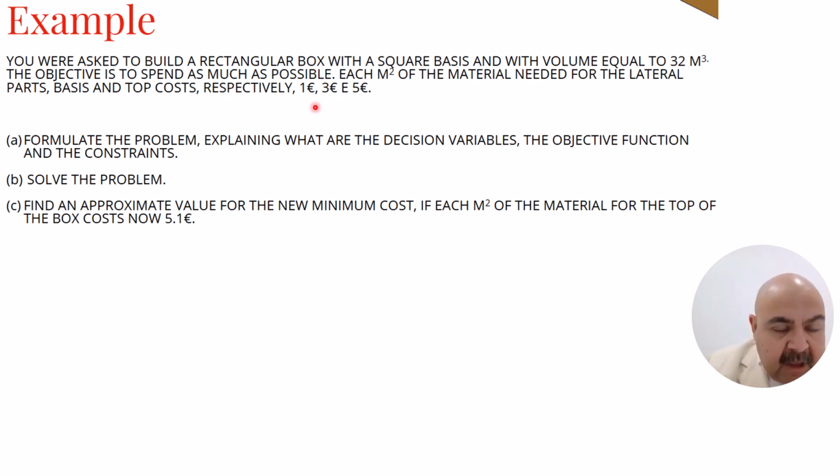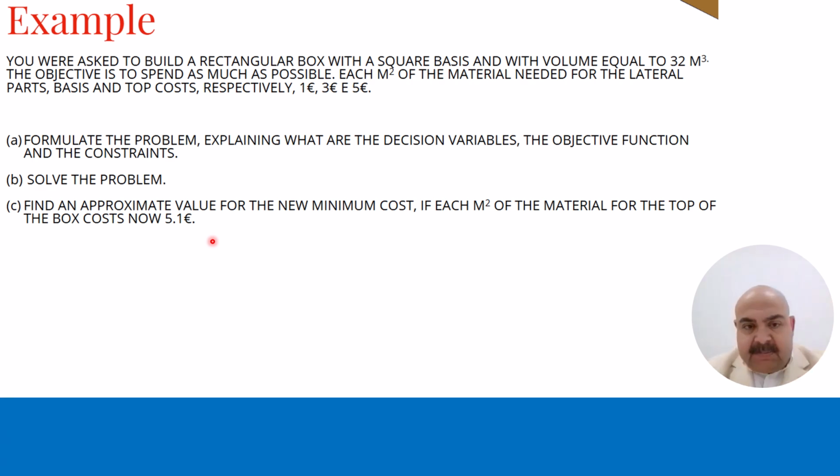I want you to formulate the problem, explaining what the decision variables are and what the objective function is. Solve this problem, getting its maximization or minimization. And then finally, we will study what happens to the new minimum cost if each square meter of the material for the top of the box now costs €5.1, which means there is a certain change in the cost of only the top of this box.